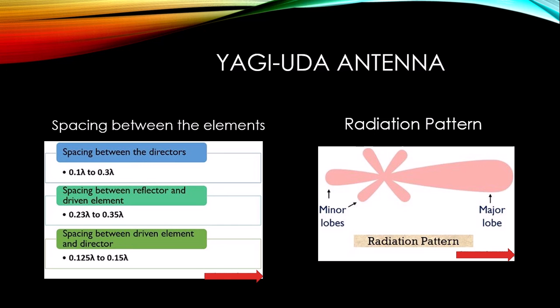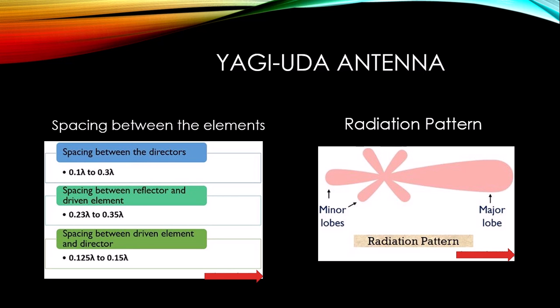So sometimes if it is raining, the antenna cannot perform the exact performance that it should have. So sometimes when it is raining, the signal that the Yagi-Uda antenna is transmitting causes a lot of disturbance.